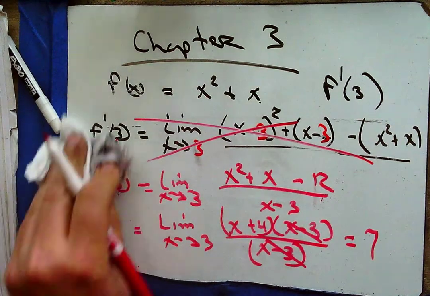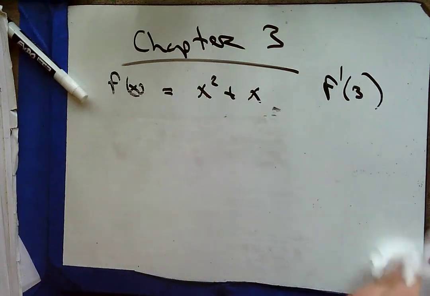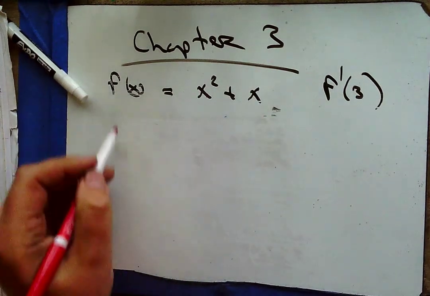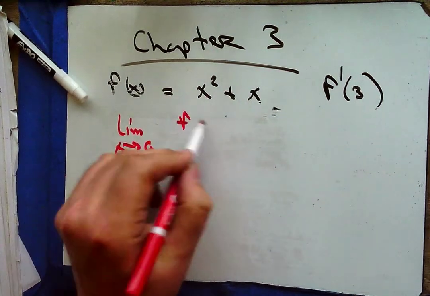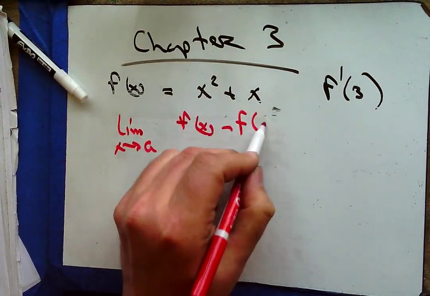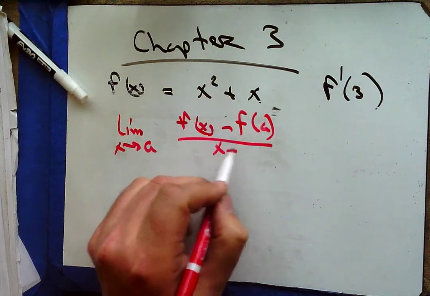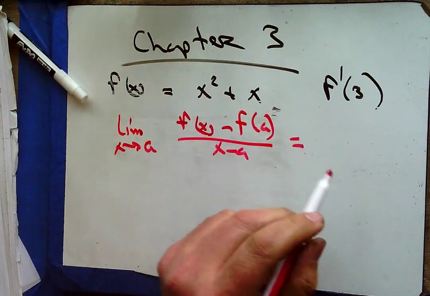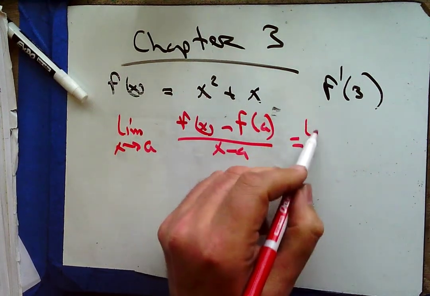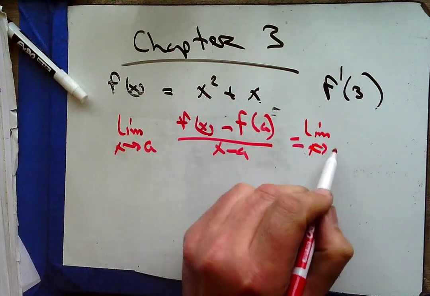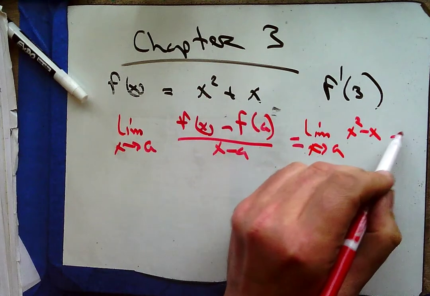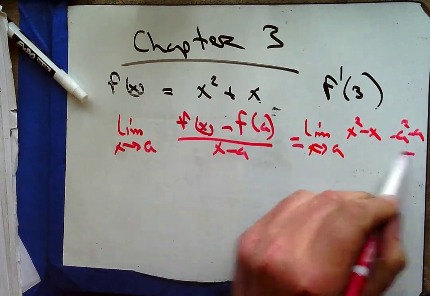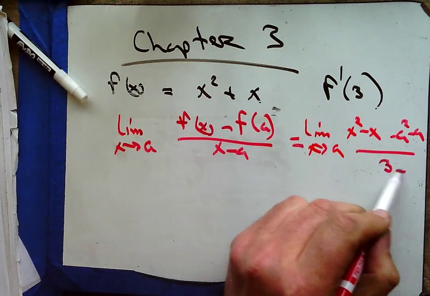Okay, how about this one? The limit as x approaches a of f of x minus f of a over x minus a equals the limit as x approaches a of x squared minus x minus a squared minus a over 3 minus a.